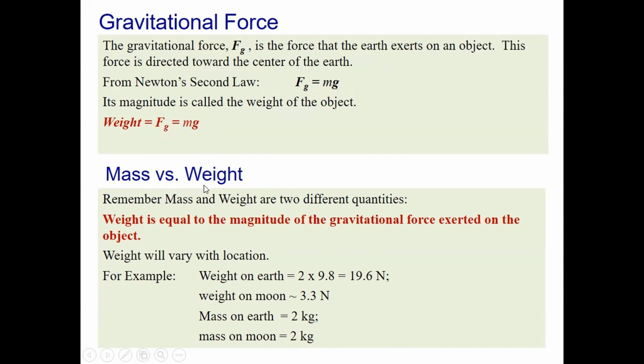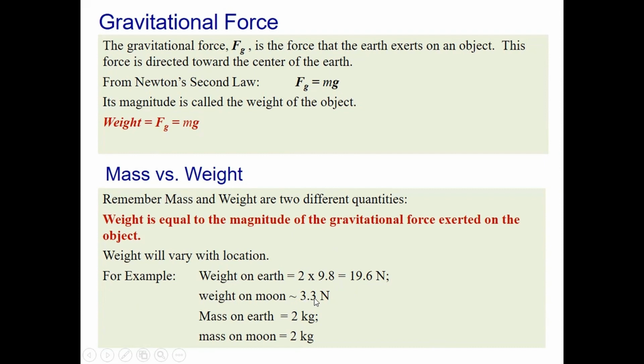If we compare the mass with the weight, remember they are two different quantities. Weight is equal to the magnitude of the gravitational force exerted on the object. Weight will vary with the location. For example, weight on Earth for 2 kilograms mass is 2 into 9.8.